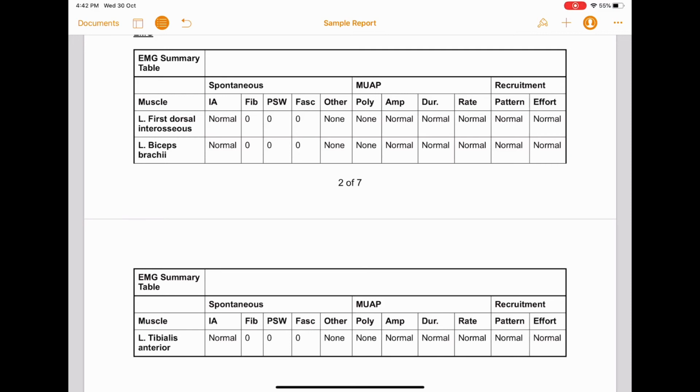And we look at the firing rate. If one motor unit is firing multiple times, and at an increased rate, that would be seen in neuropathic action potentials. Now we come to the recruitment, and we can talk more about the recruitment ratios and how we calculate that in the interactive session.